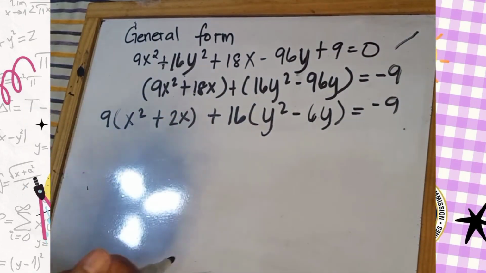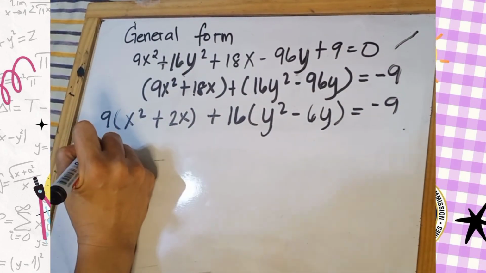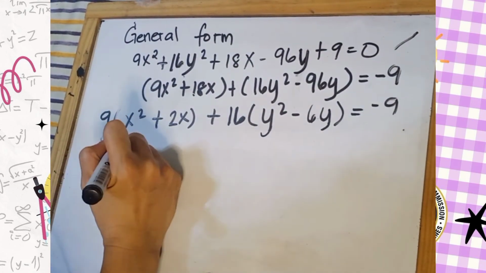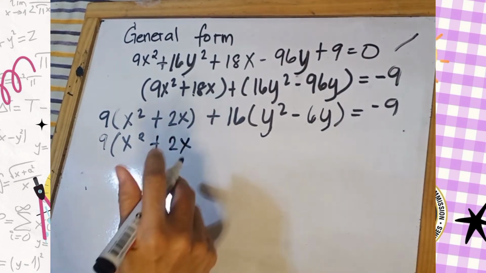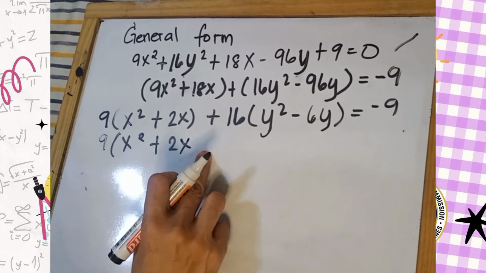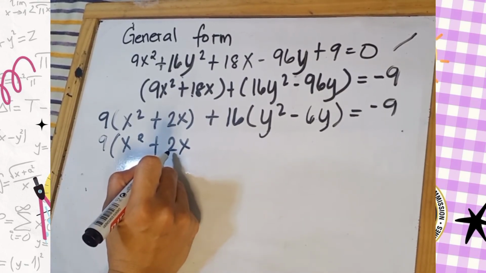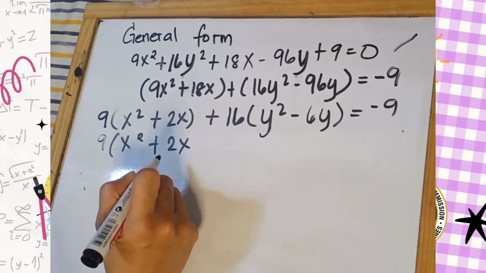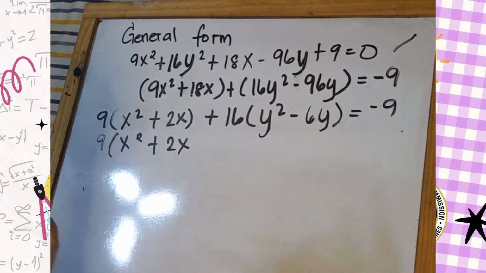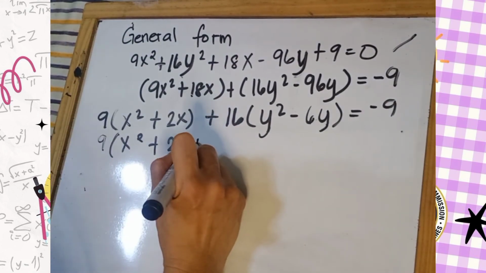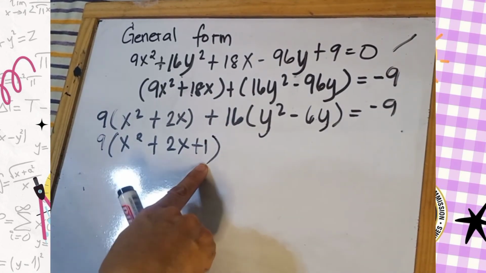Okay, so let's now apply this time the technique of completing the square. So let's just rewrite 9 and then x squared plus 2x. So what is our third term? Again, i-divide natin yung numerical coefficient ng second term, which is 2, divided by 2, and then that is 1. 1 is squared, that is equals to 1. So 1 now is the missing term.